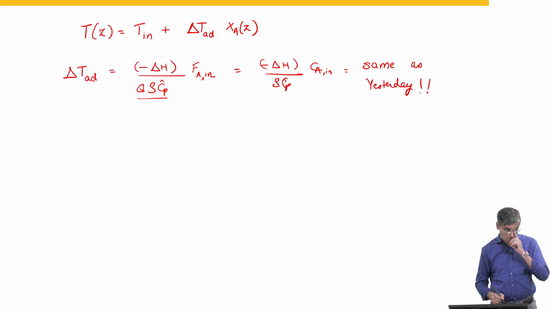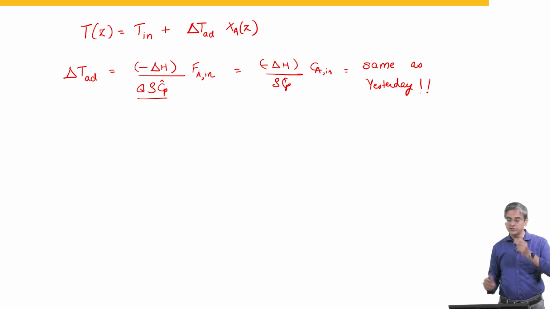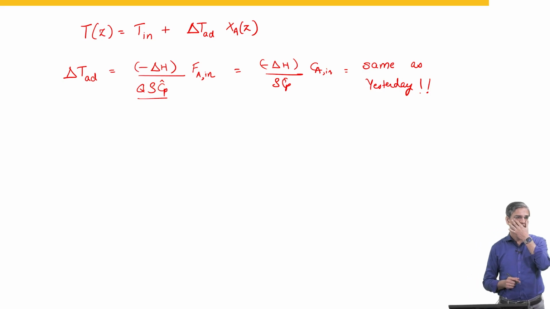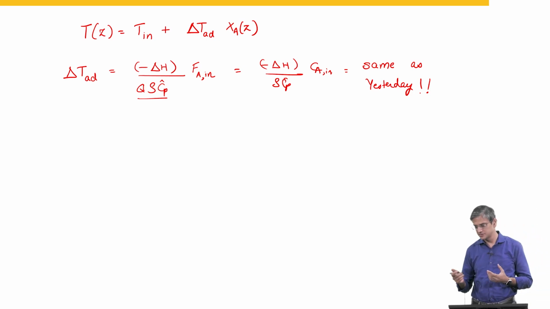Okay. Why do you think it's same as yesterday? Why, irrespective of CSTR, PFR, batch, does your delta T adiabatic have the same expression? Yes?